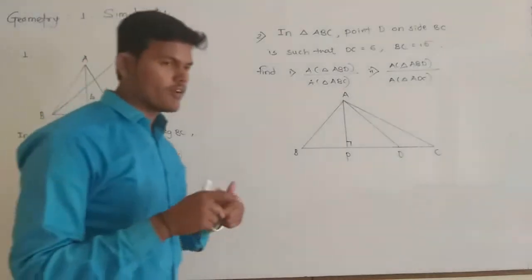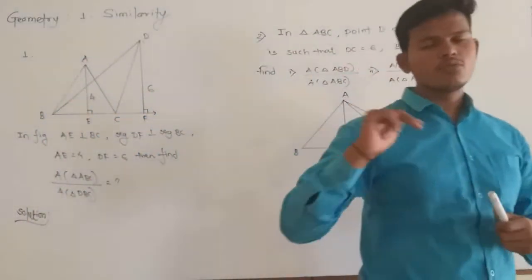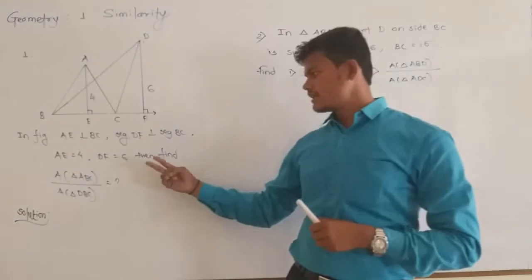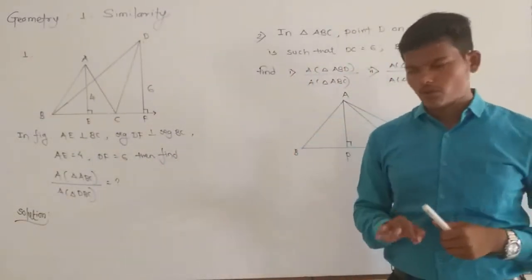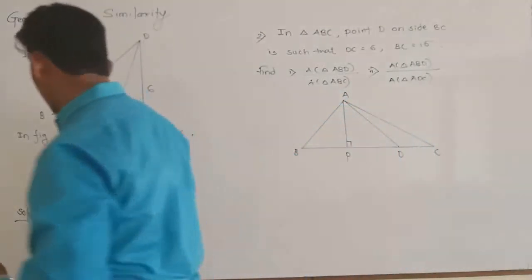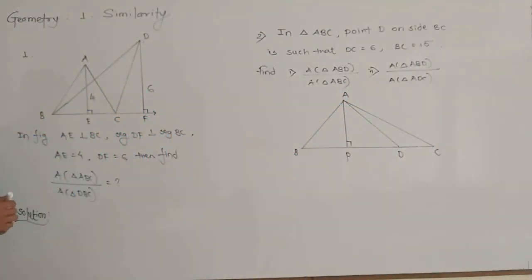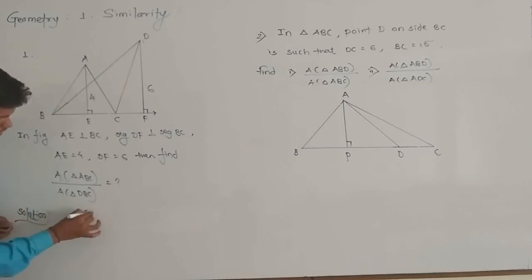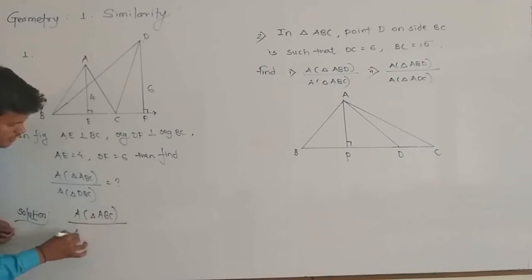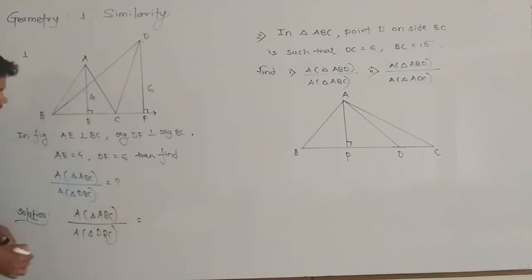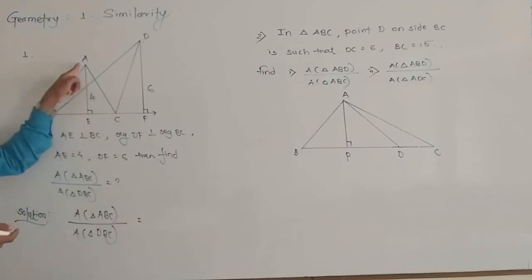So here we have to find the ratio of areas of two triangles. For that we have already seen four properties. Out of these four, check which one is applied. Where is the triangle ABC?